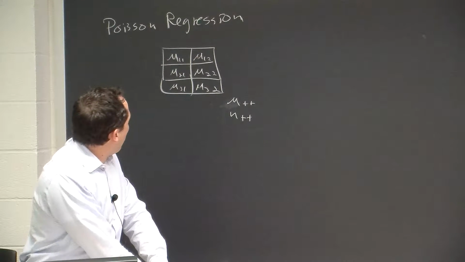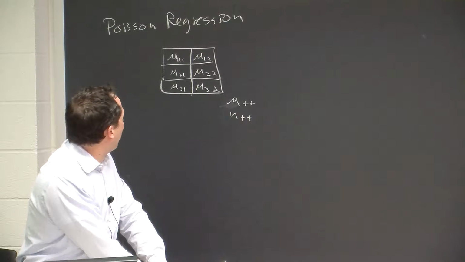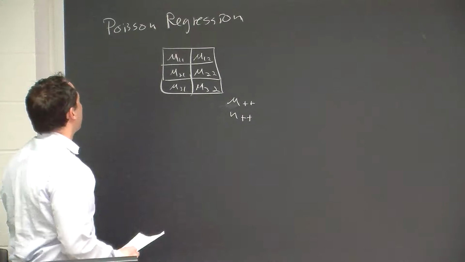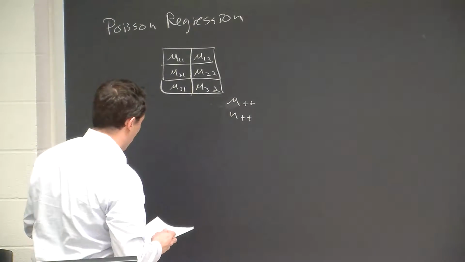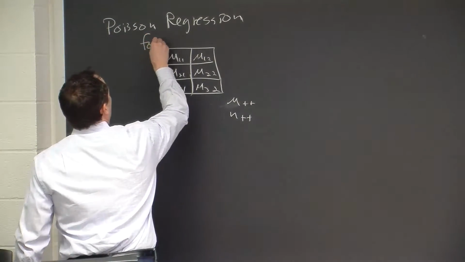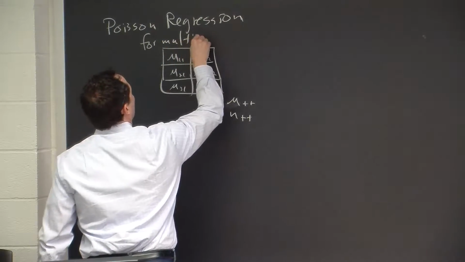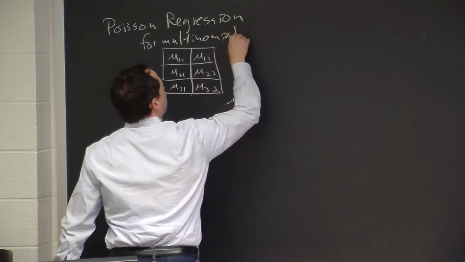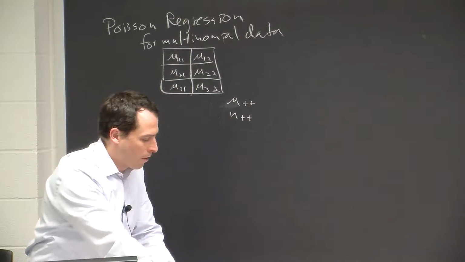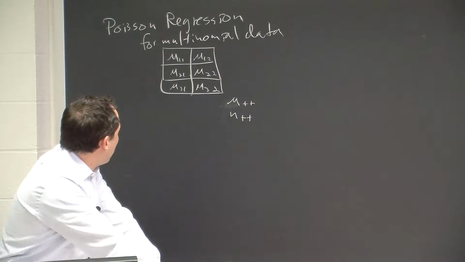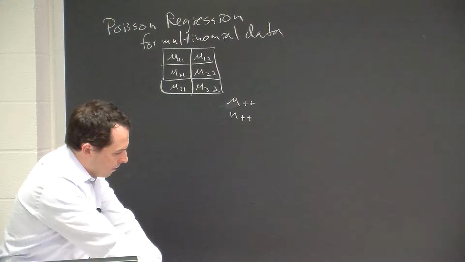And if you turn that around, what it suggests is that it's possible to use this idea of Poisson regression, like we did last time, for multinomial data. And so today I want to talk about what that might mean, and what idea that leads to.